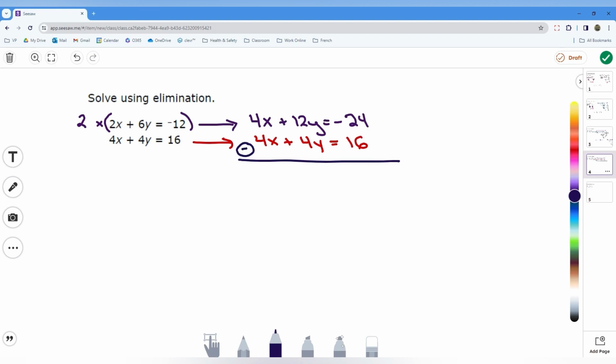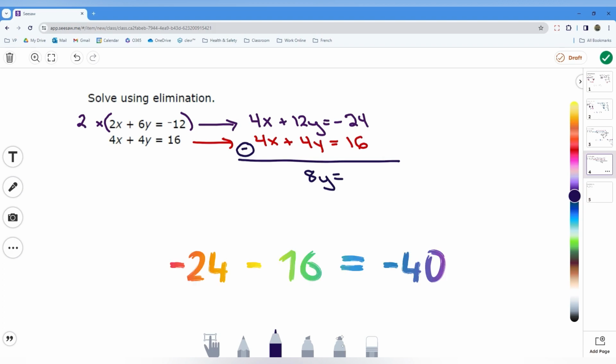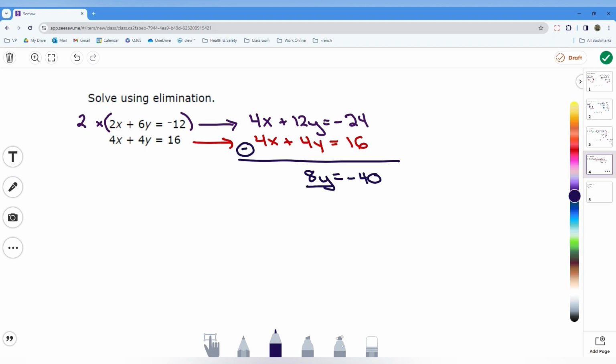Those x's are gone. 12y minus 4y is 8y. Minus 24 minus 16 more is -40. Now I need to get rid of this 8. And I do that by the inverse of that multiplication, and that is to divide.